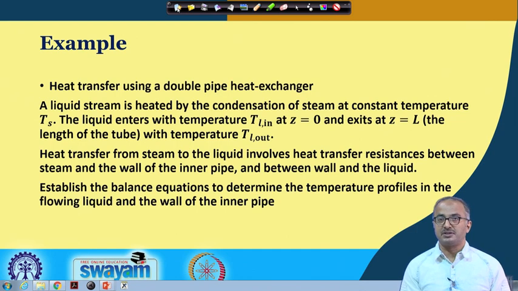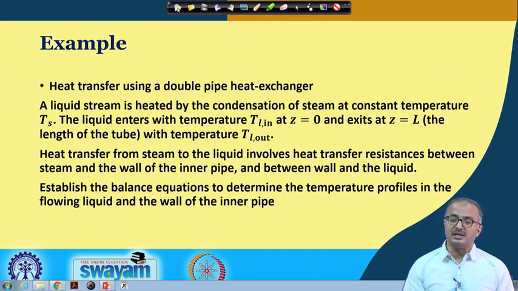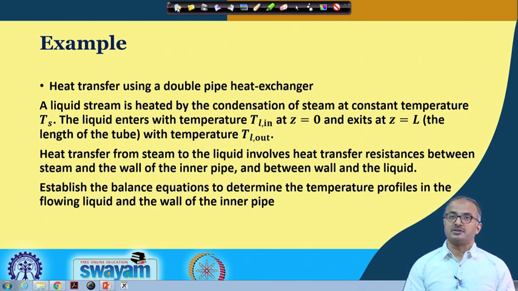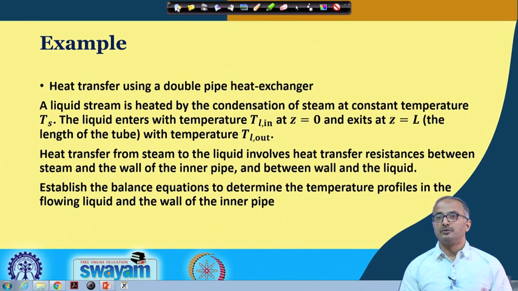So, there are various considerations that need to be taken into account to decide the type of the heat exchanger to be used, and these issues are covered separately in dedicated courses on heat exchanger and heat transfer. So, I will not be going into the detail of those issues in this lecture.